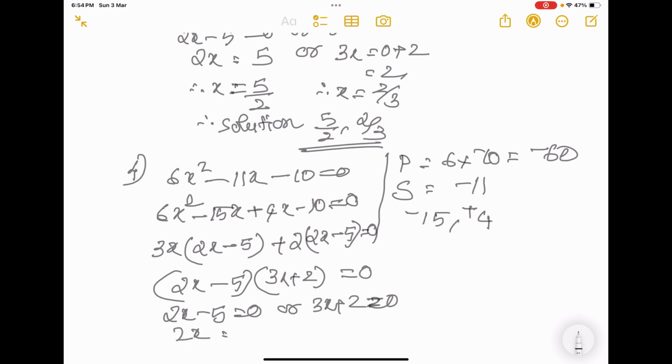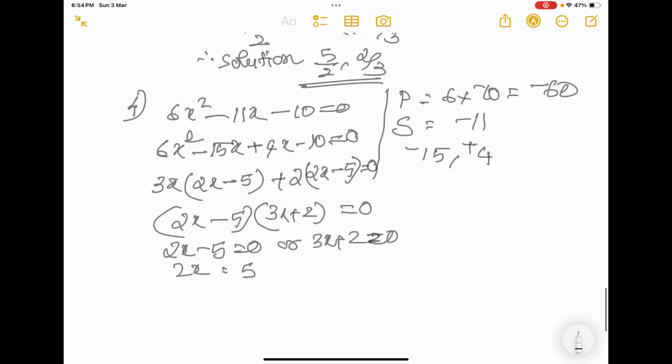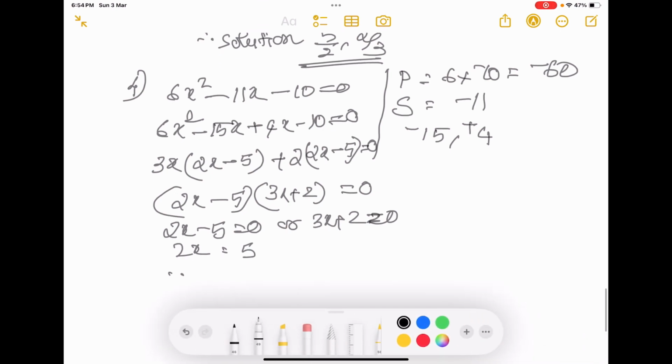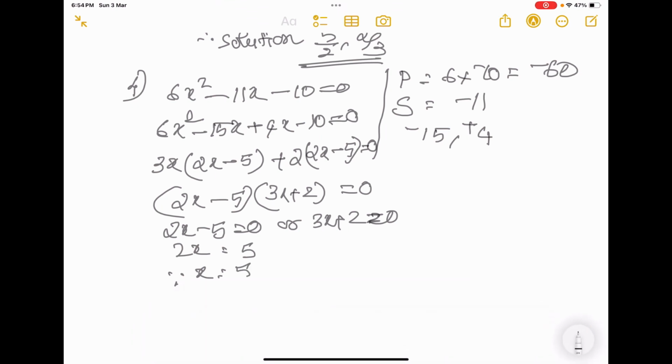Then 2x equal to 0 plus 5, 5. Therefore x equal to 5 by 2 or 3x equal to negative 2 and x equal to negative 2 by 3.